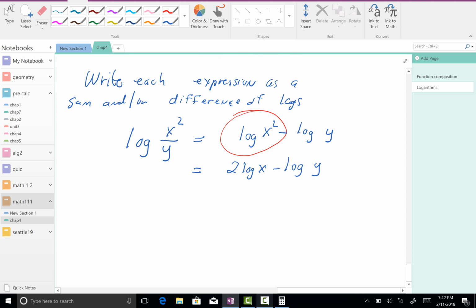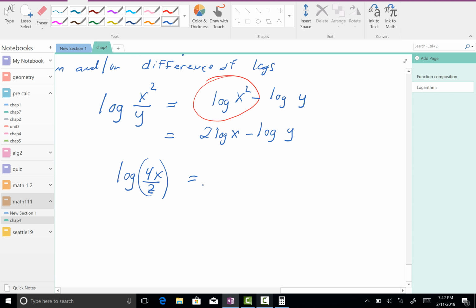So let's try another one. Let's go with the log of 4x over z, like this. We've got 4x on the top, so what would that be? Log 4.